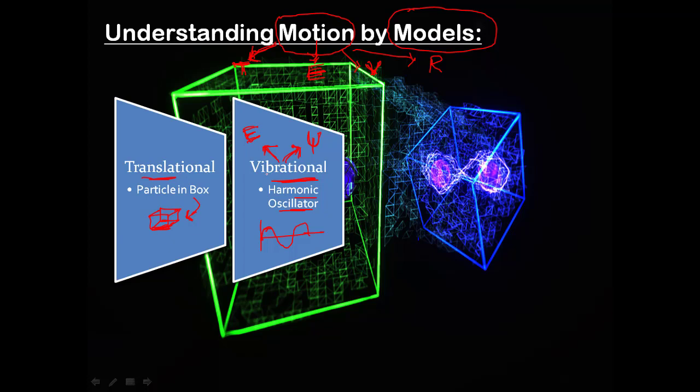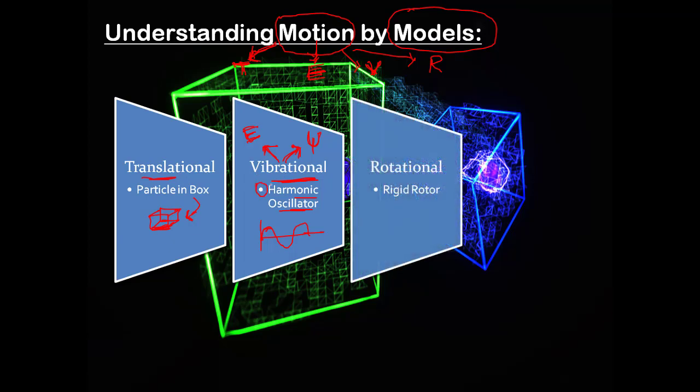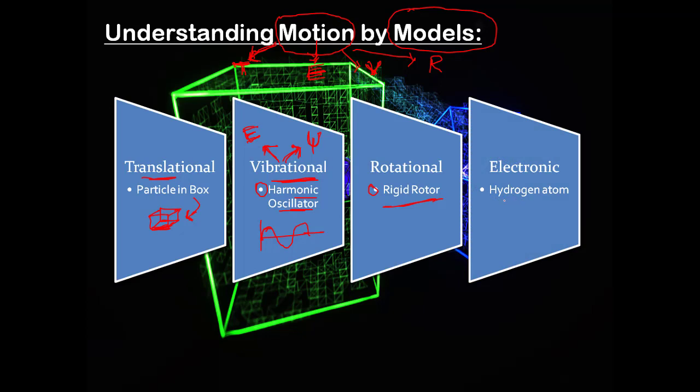So for calculating the energy and the wave function for vibrational motion, the harmonic oscillator model is used. For rotational motion, the rigid rotor model is used. And to understand electronic motion, the hydrogen or hydrogenic atom model is used.